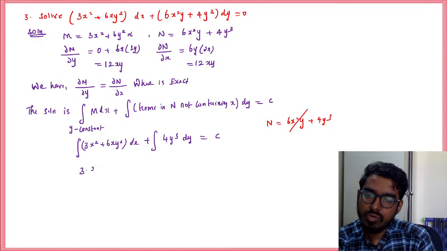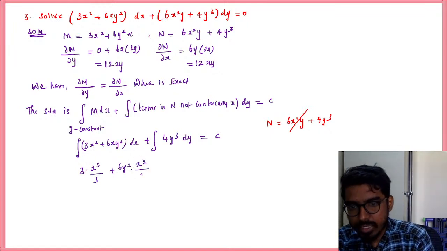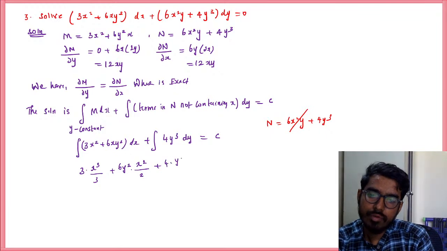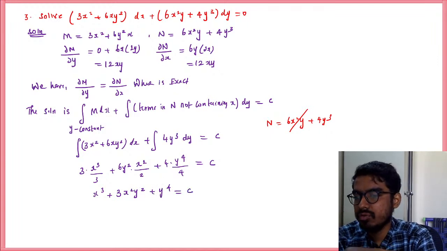This has to be performed treating y as constant. So 3 into the integration of x² is x³/3, and 6y² is constant, the integration of x dx is x²/2, then 4 into y⁴/4. So we get x³ + 3x²y² + y⁴ = c, the required solution.